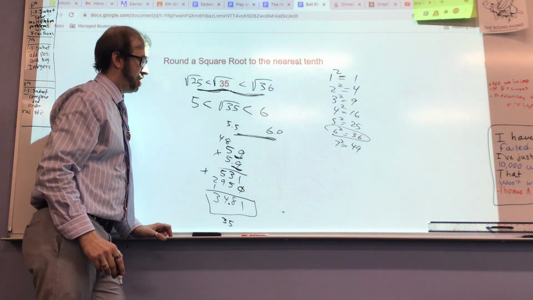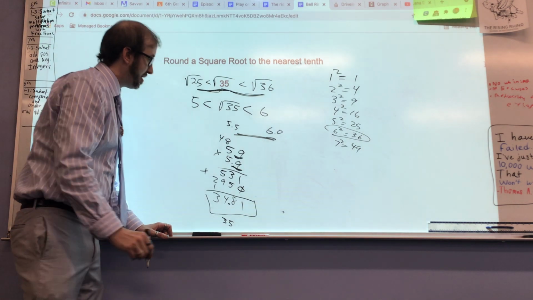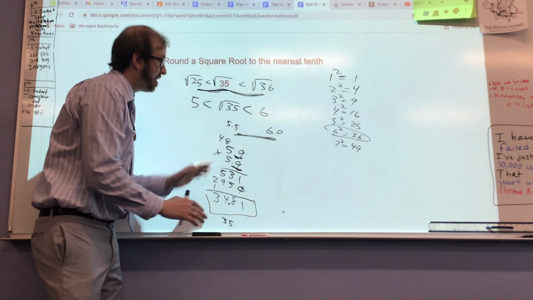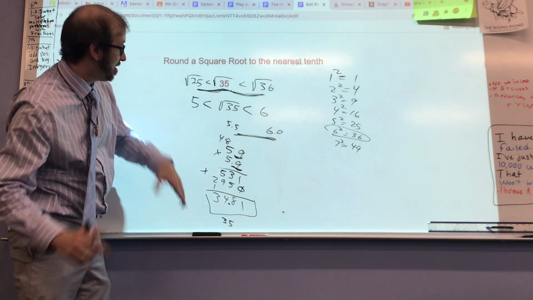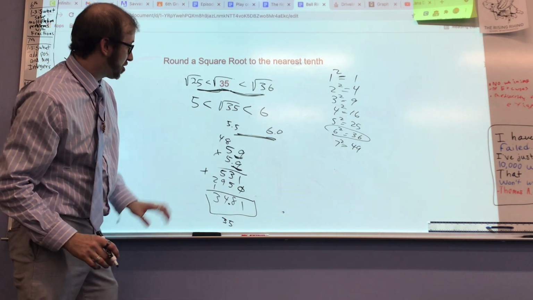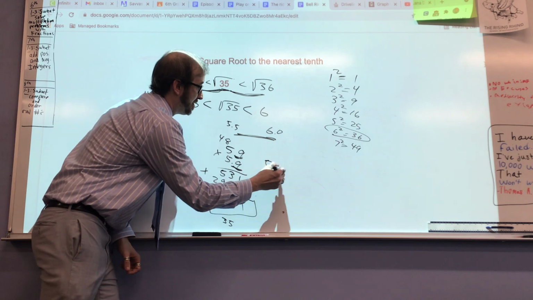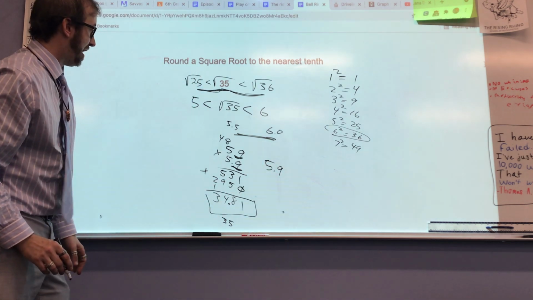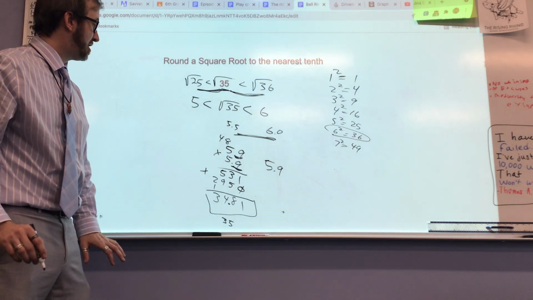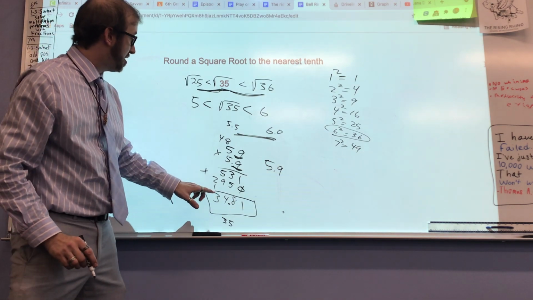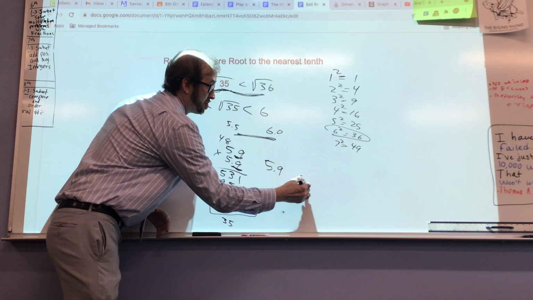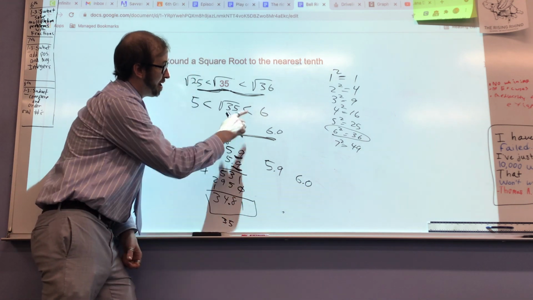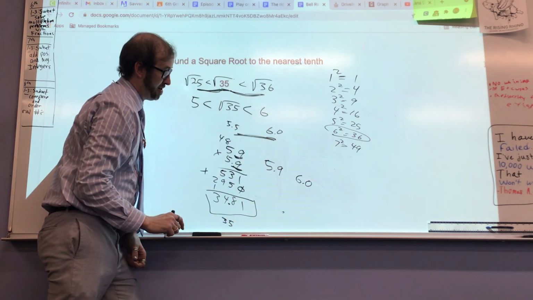That means this is right below it. So we're going to go with 5.9 as the answer to the nearest tenth, because if it was 6.0, then it would be at 36.